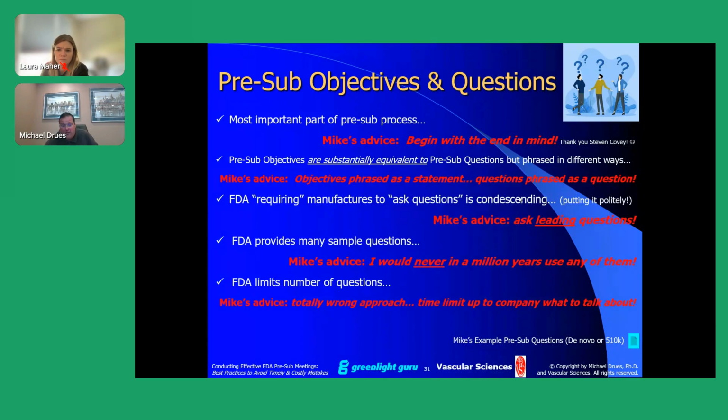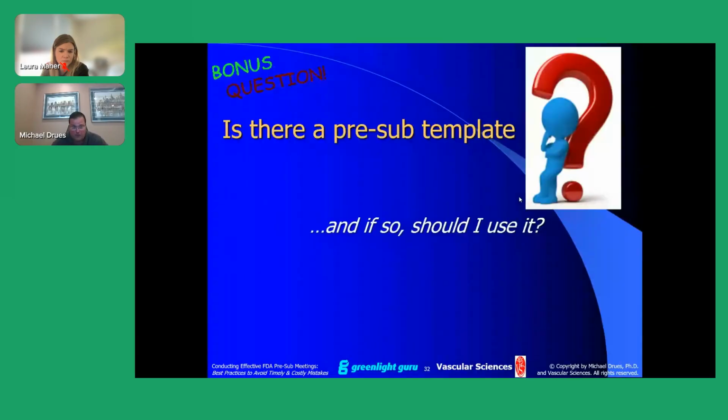I don't need my FDA friends micromanaging me, telling me how many questions I can ask. That's nuts. It should be up to me as the medical device professional to do that. So I just think that that's going in the wrong direction. Some of you might disagree. If you do, feel free to chime in on the Q&A section that we're going to get to in just a couple more minutes.